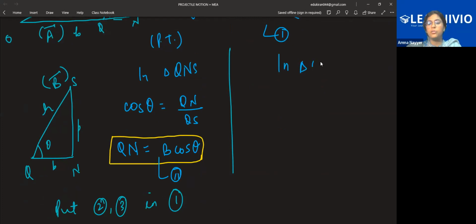In this triangle QNS, Sabiha, you tell me what would be sine theta then? SN by SQ. Correct. SN by SQ, right.